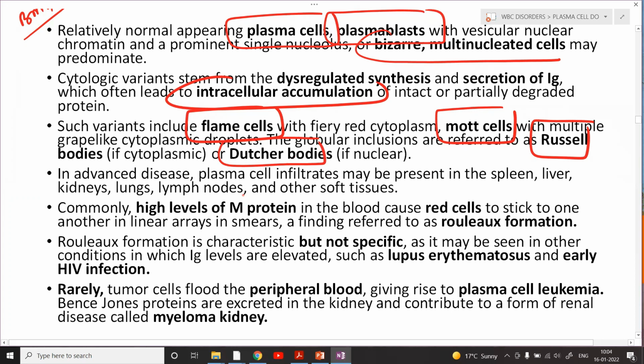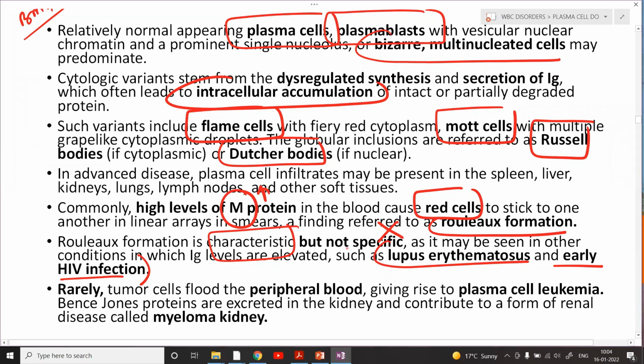Also, because the level of M protein is rising in the blood, the antibodies are rising, so they cause the RBCs to stick to each other, and this is called rouleaux formation. Okay, it is characteristic, but it is not specific for multiple myeloma. It can be seen in lupus erythematosus, as well as in early HIV infection.